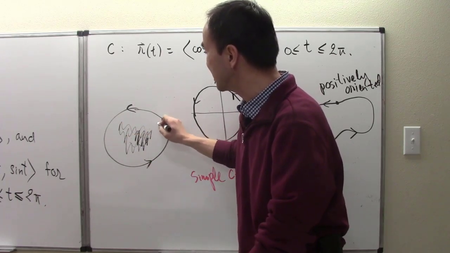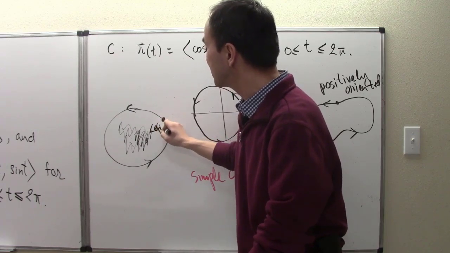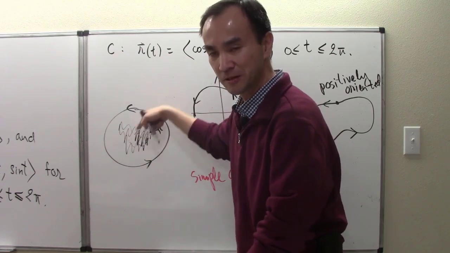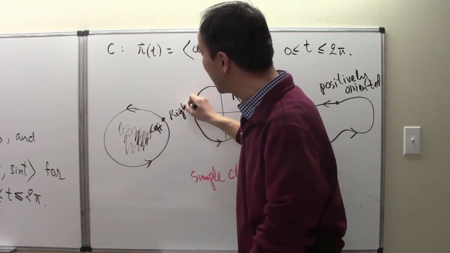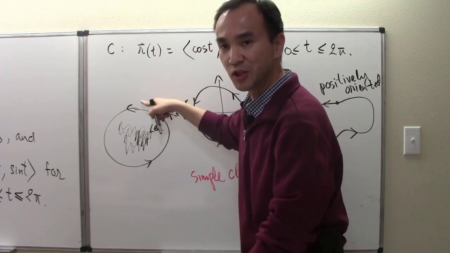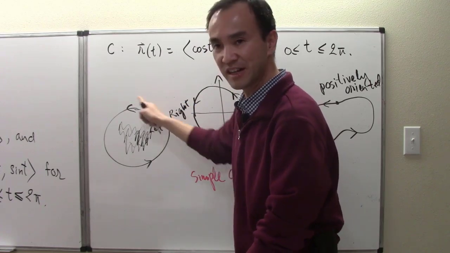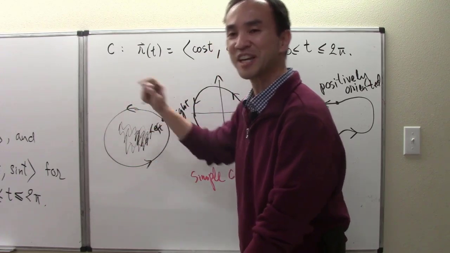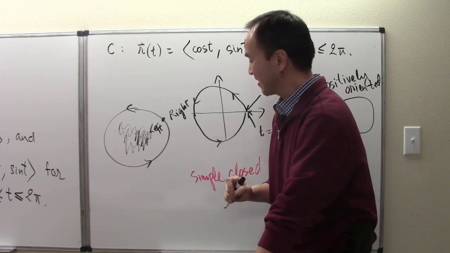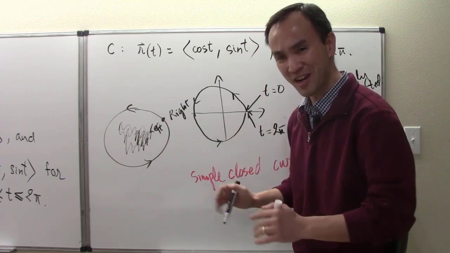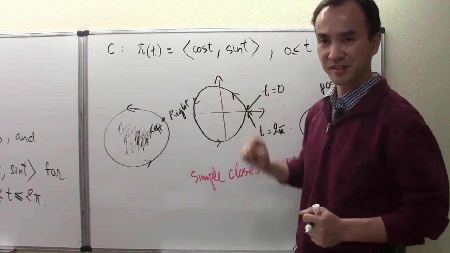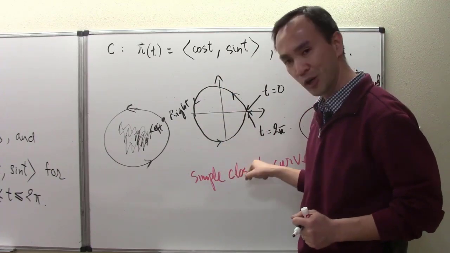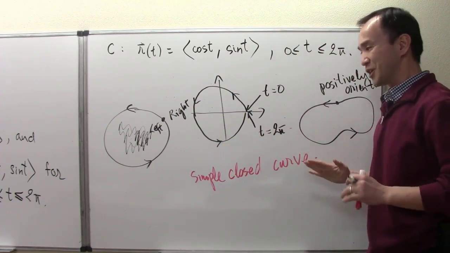So the left-hand side belongs to the inner area, and the right-hand side belongs to the outer area of that loop. Then that means you are going in the positive orientation. That's one way of explaining what it means to be a positively oriented simple closed curve.